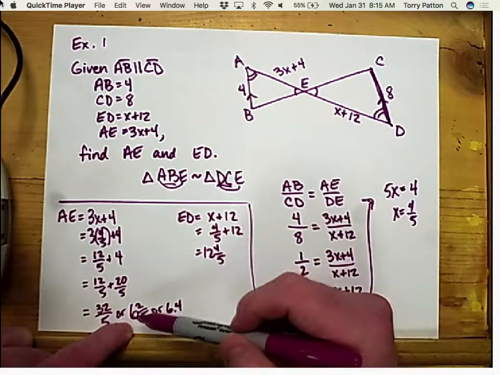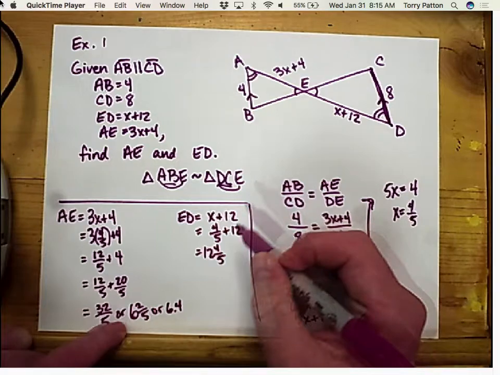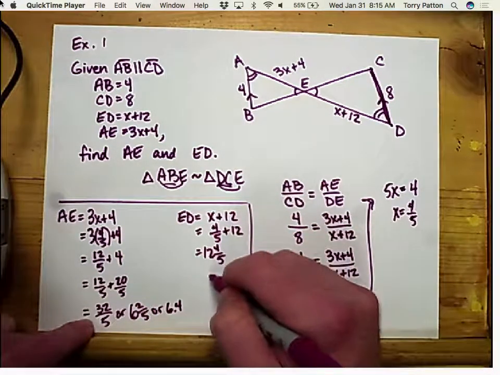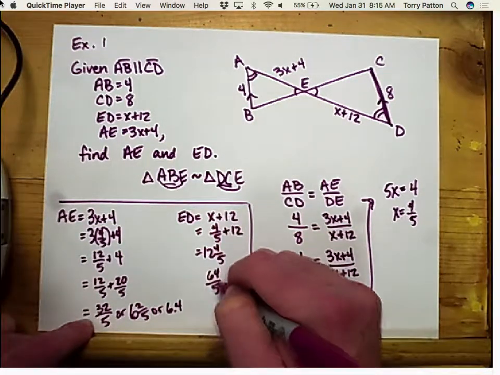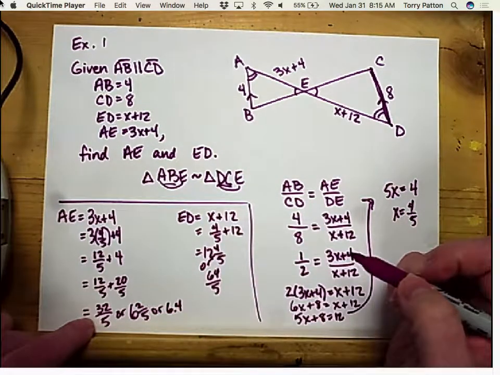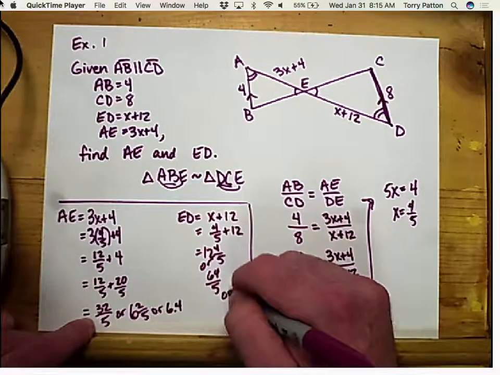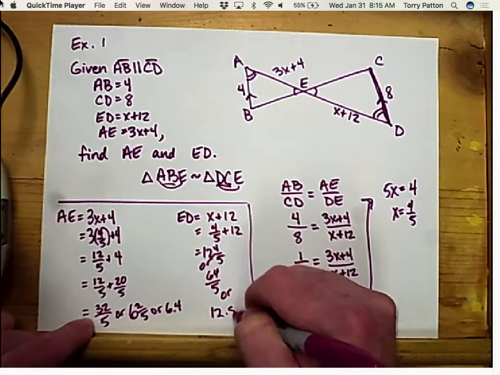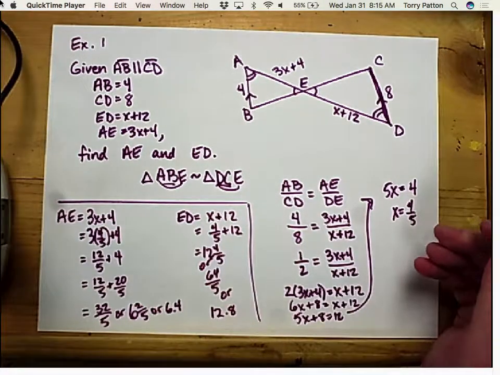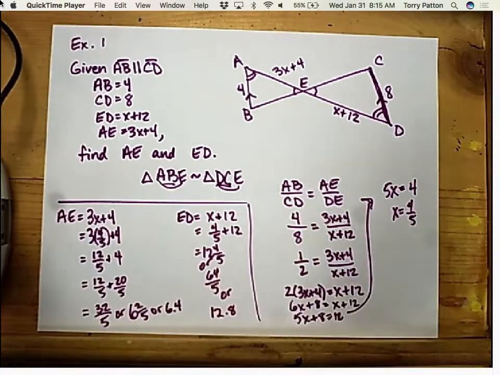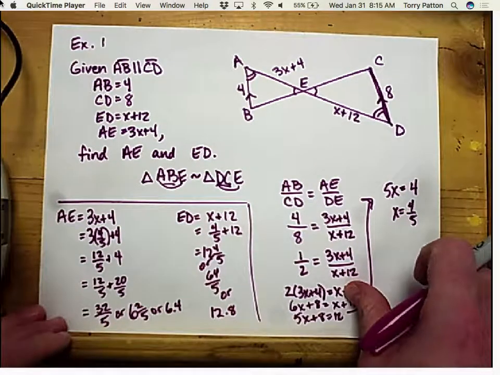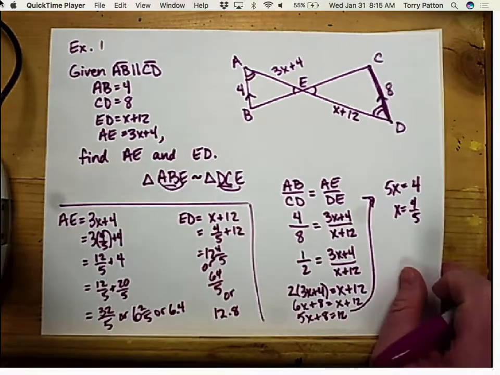Is that double 6 2/5? Yes. If we wrote it as improper, that would be 64/5. Is that double 32/5? Yep. Yes. Or if we wrote it as a decimal, that's 12.8. Is that double 6.4? Yes. So either of those is your answer. Make sense? All right.